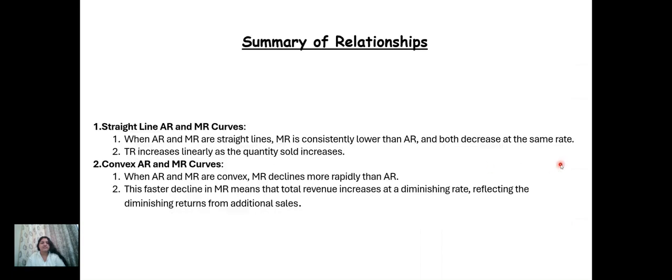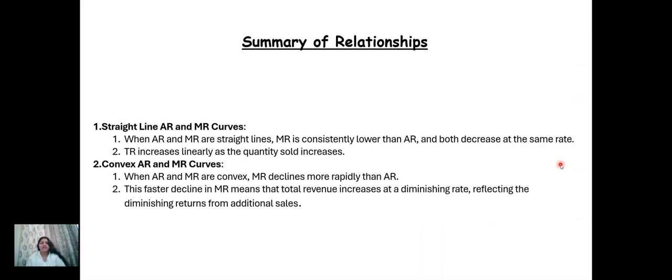Next is the summary of the relationship we discussed in these slides. When AR and MR are straight lines, MR is consistently, which means continuously, lower than AR, and both decrease at the same rate.